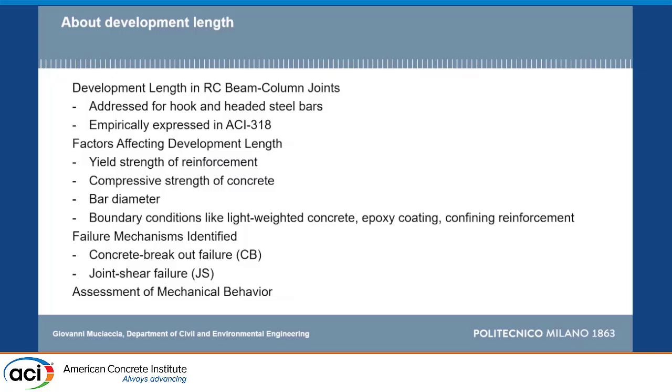If we focus just a little bit on the development length, in reinforced concrete joints, it is addressed for a number of cases. It is, I want to stress, empirically expressed in ACI 318, very empirically. The equation is basically a predictive equation. It's affected by a number of things we know.